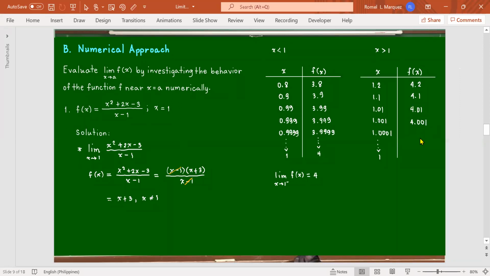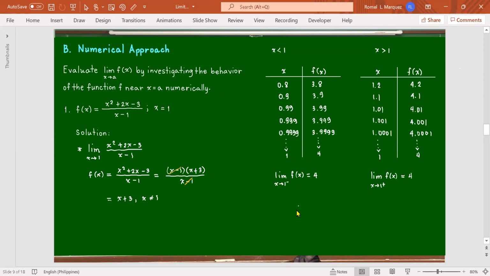Am I right, guys? And then if x is 1.0001, f of x is 4.0001. So there's now a pattern, no? The values are getting closer to what? To 4 also, no? So from this behavior, we say that the limit of f of x as x approaches 1 from the right is equal to 4 also.